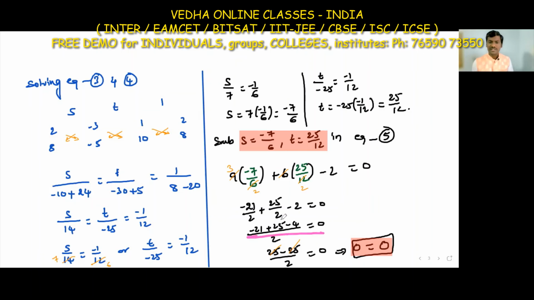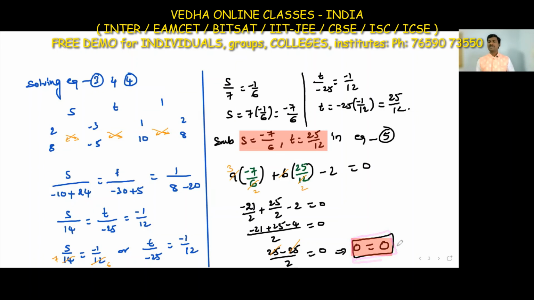Take the LCM, which is 2, so the denominator is 2. Write minus 21 as it is, and 25 also as it is, and 2 into 2 that is minus 4, equal to 0. Minus 21 minus 4 is minus 25. Minus 25 plus 25 gets cancelled, 0 by 2 is nothing but 0.